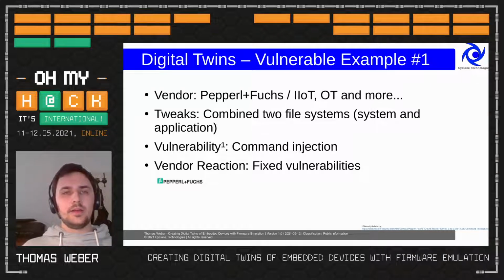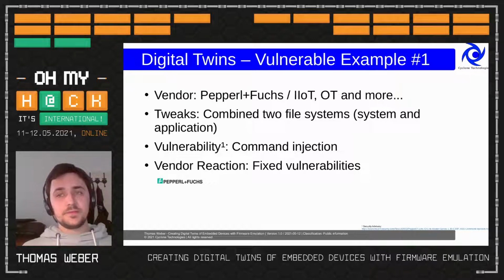And I combined two file systems in this particular case to get it to work, because I had one file system which was responsible to update the real system, so the real firmware, the BusyBox binary, and all the other low-level stuff.